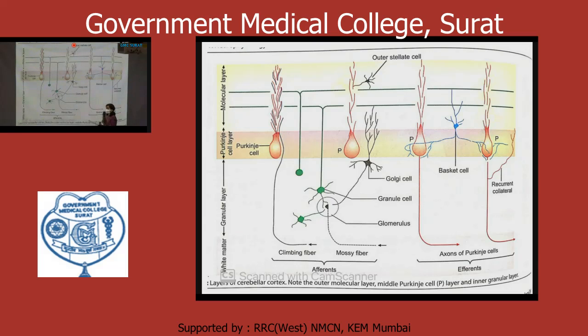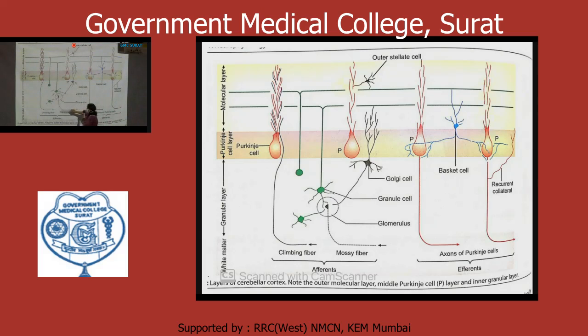And the output of the dentate nucleus is always excitatory. The output of the Purkinje cells is always inhibitory, and the output of the dentate nucleus is always excitatory. So these Purkinje cells are receiving the climbing fibers and the mossy fibers.